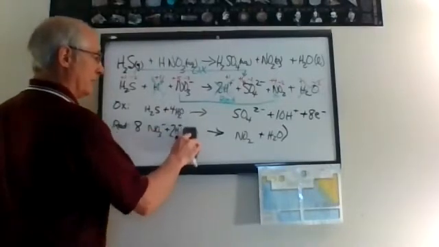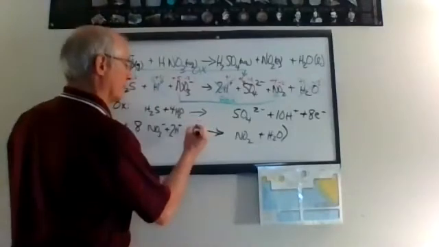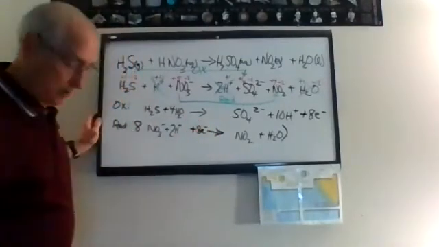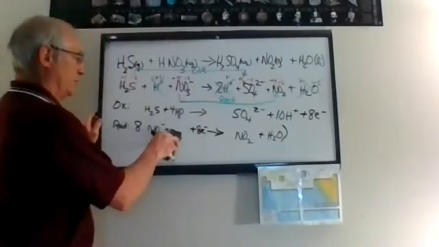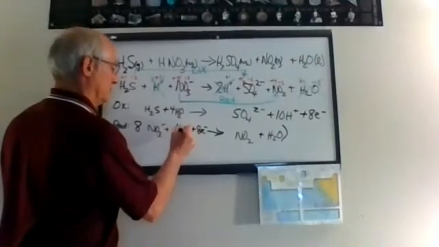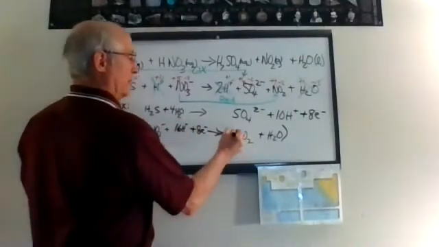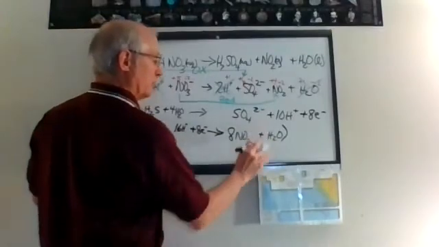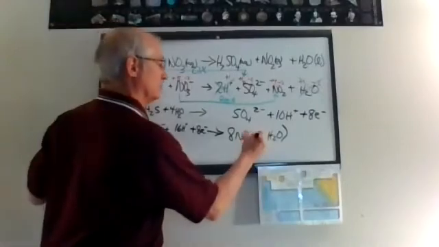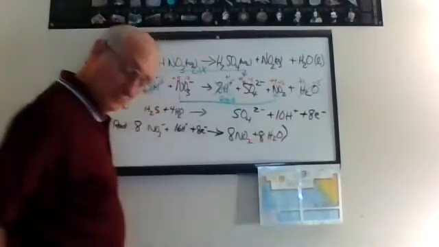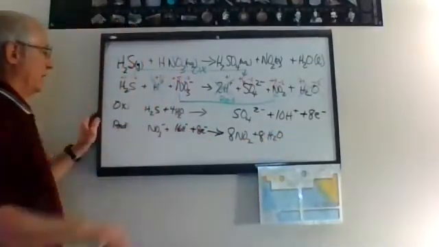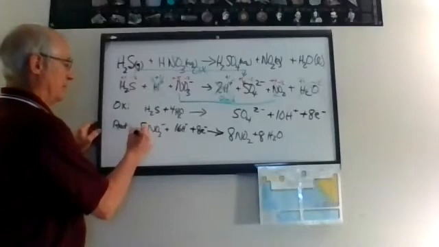Hold on. Eights are 16 hydrogens. Eight of those and 8 of those. So the whole equation was multiplied by 8.